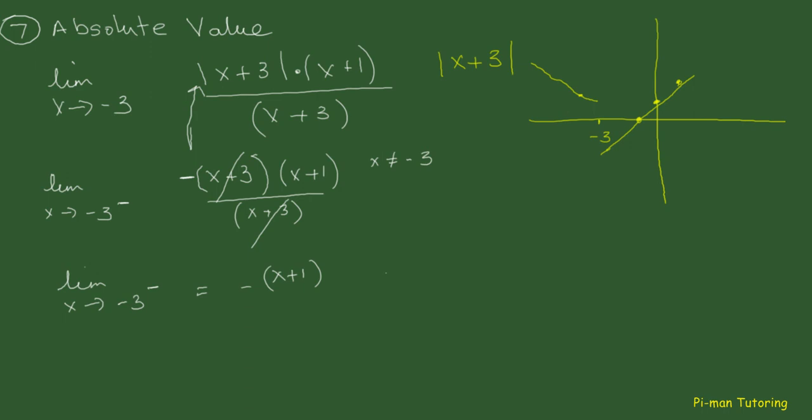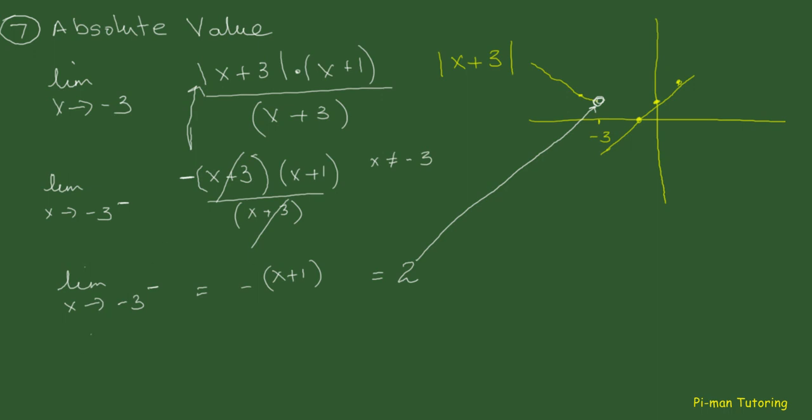And if we feed in negative 3 into that expression, negative 3 plus 1 would be negative 2, and the negative value of that would be positive 2. And so we see that this function is approaching a value of positive 2 from the left-hand side, even though it never actually gets there.